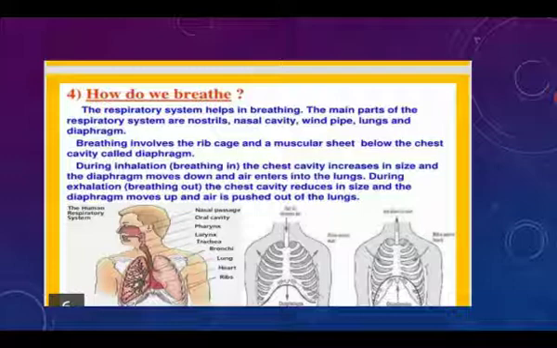Inhalation and exhalation take place with the help of the diaphragm. When the diaphragm goes down, there is inhalation, and when the diaphragm moves upward, there is exhalation.